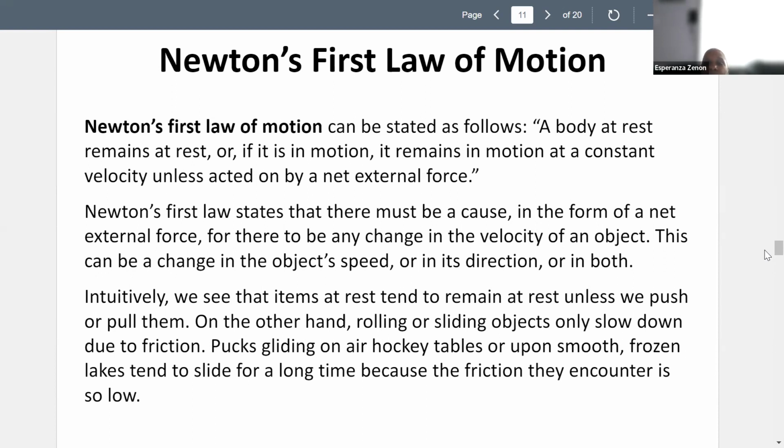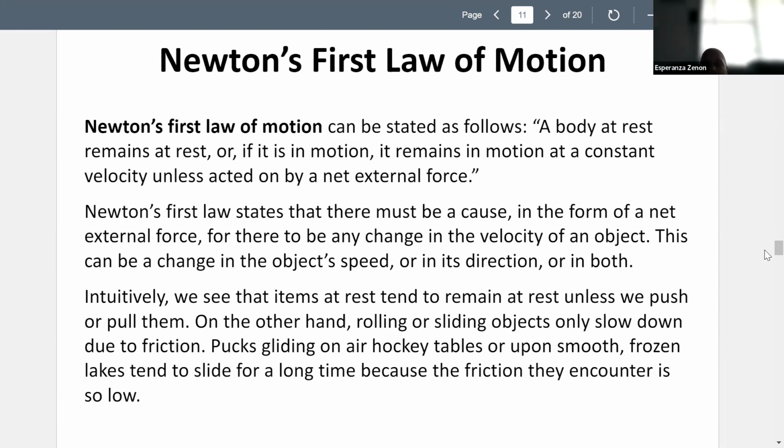If it's not moving, it will not move unless it's disturbed by a net external force. Another way to say that net external force is unbalanced. So an object that is not moving will not move unless it's acted on by an unbalanced force.